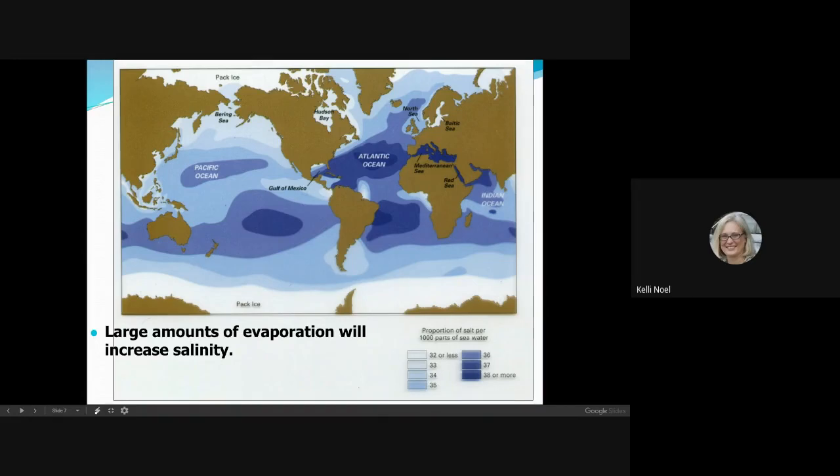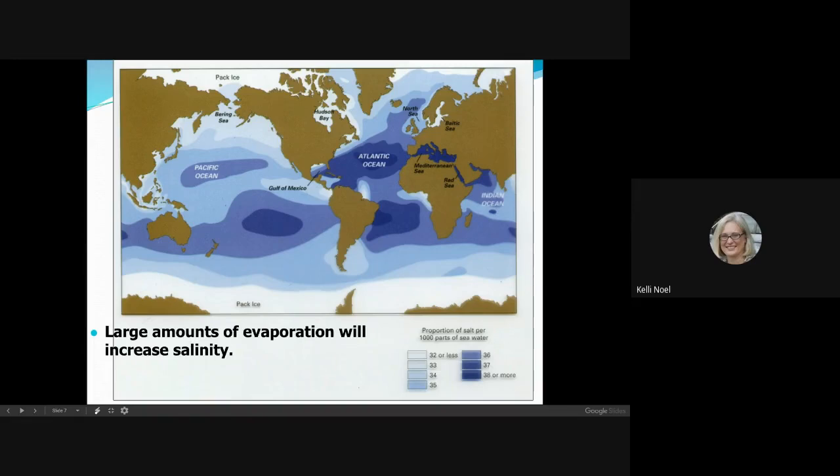What change of state is going to happen to the water if the temperature is increased? Evaporation. If it evaporates, the salt doesn't evaporate, it's left behind. So these areas probably have higher temperatures, so there's more evaporation that takes place.